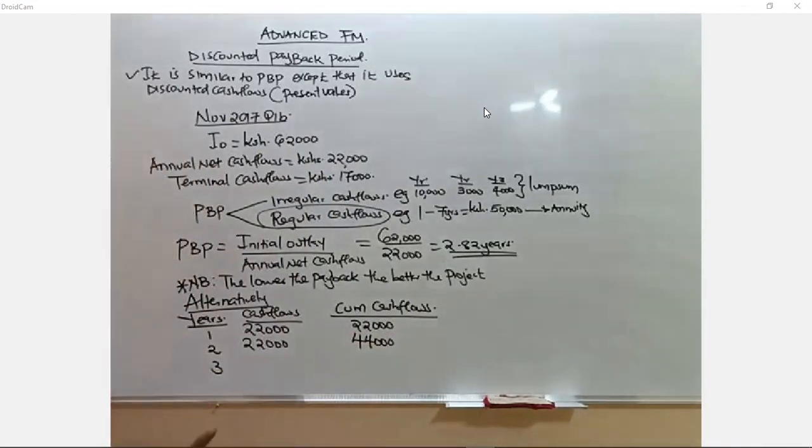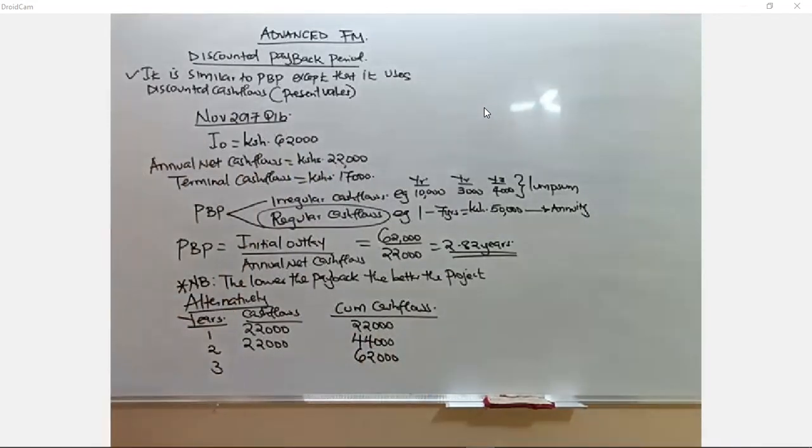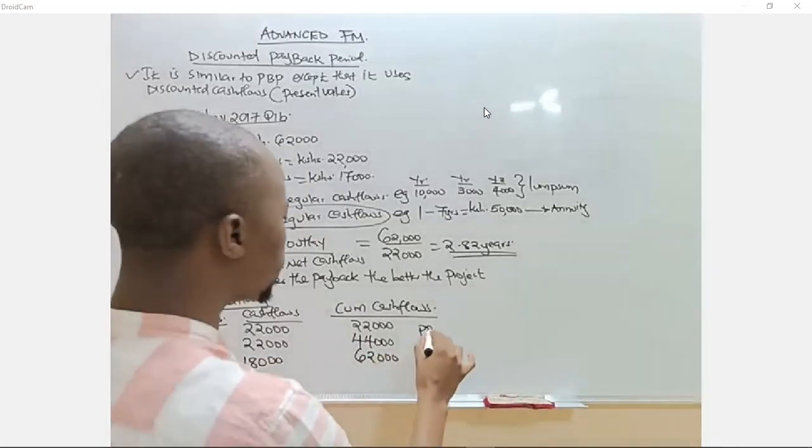But now, if I had 22,000 here, I will get 66,000, and I want only 62,000. So I place 62,000 of mine here. I ask myself, how much cash flow do I require to generate 62,000? I just say, let me take 62,000 minus 44,000. You are getting 18,000. So I ask myself, what is my payback period?